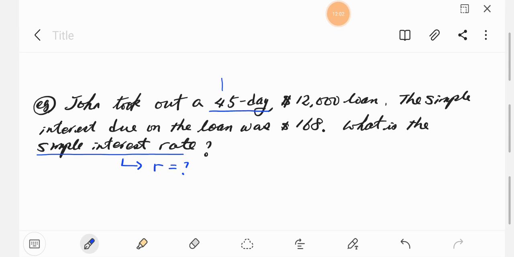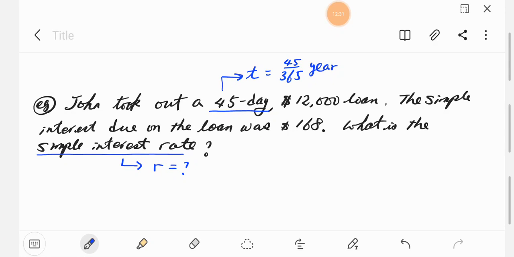And 45-day, this is the time, right? This is in days, so we have to convert this to what? Years, right? So 1 year has 365 days. We converted days to years, because the rate is in years. This is the simple interest rate, which means annual.